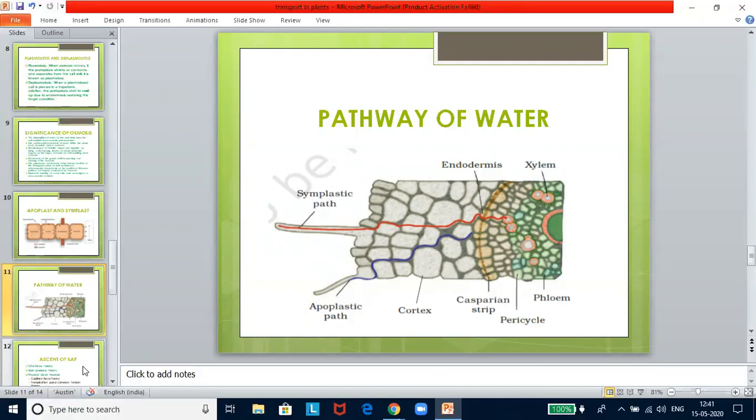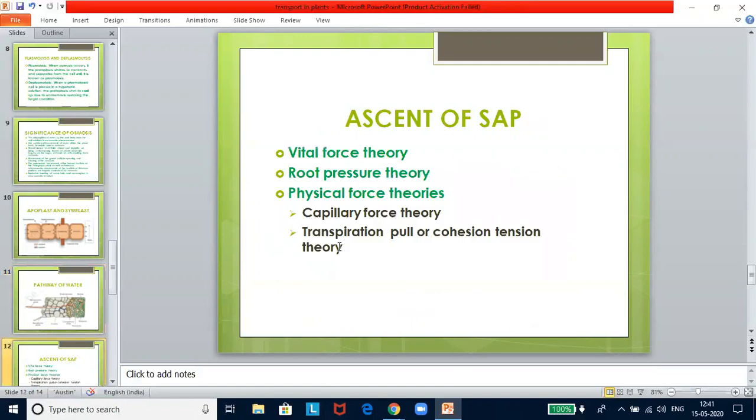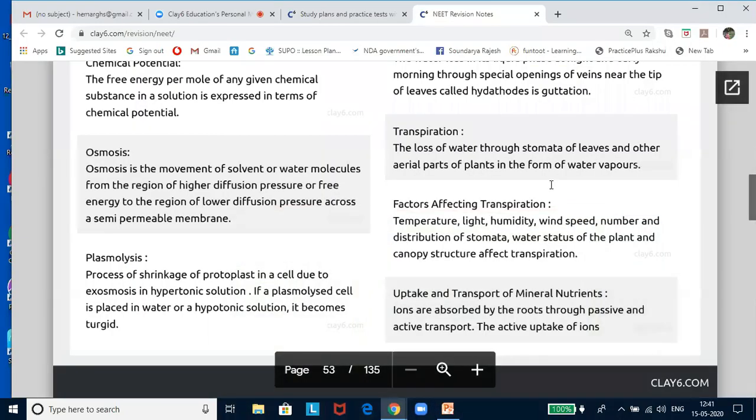So the next part is ascent of sap. The upward movement of water from the roots to the aerial parts of the plant is known as ascent of sap.